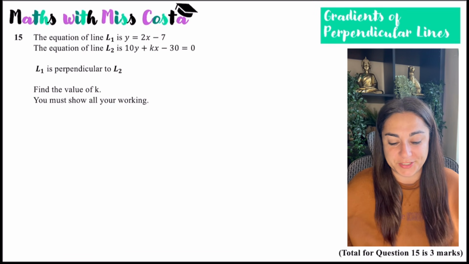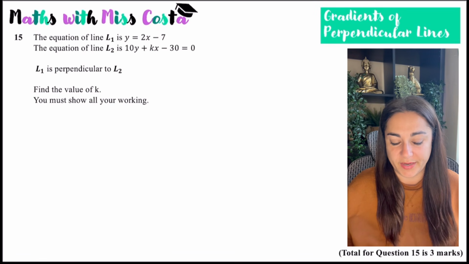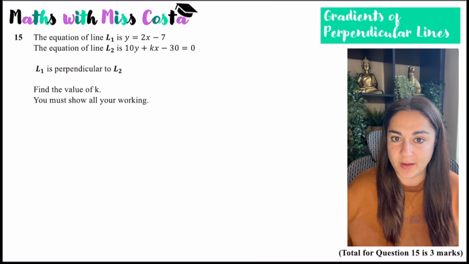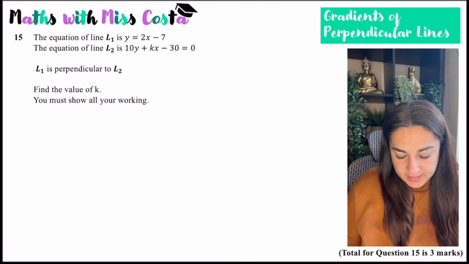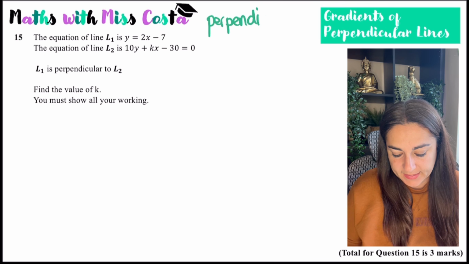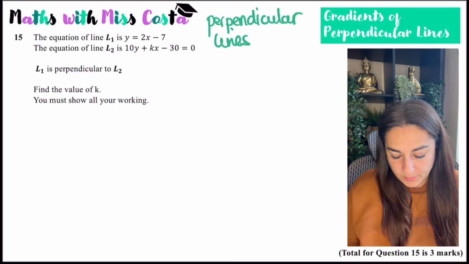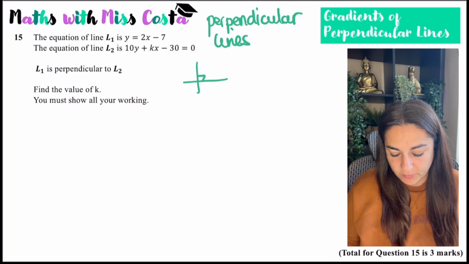Okay, so in this question, I've been given 2 equations and I've been told that they are perpendicular to each other. Now, the key thing that you need to know about perpendicular lines is, perpendicular lines are lines that meet at right angles.